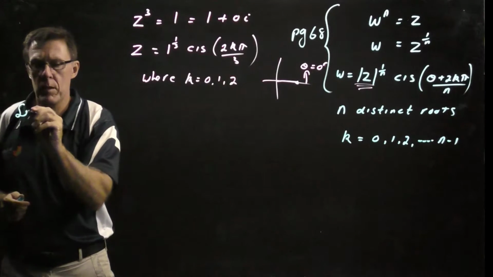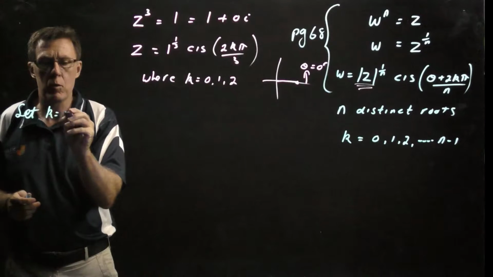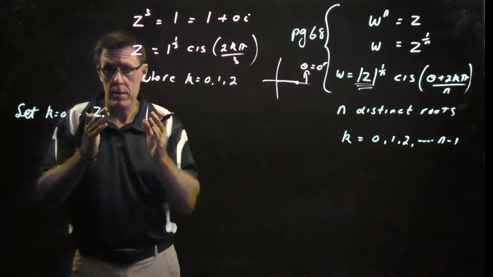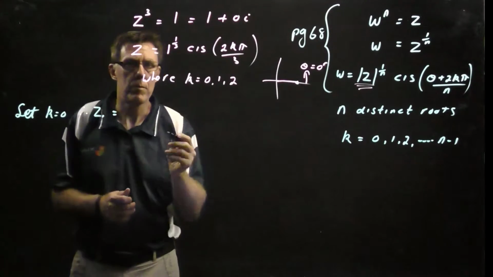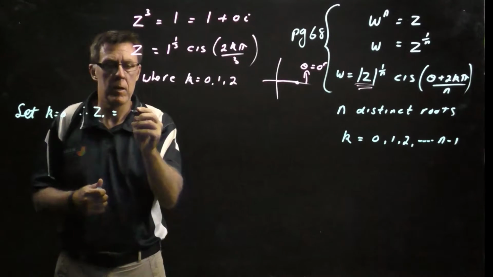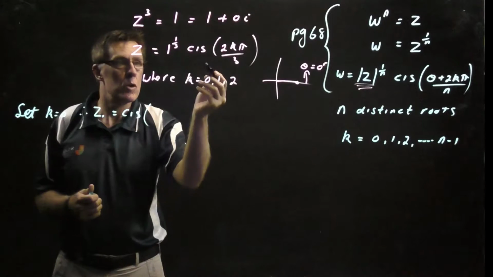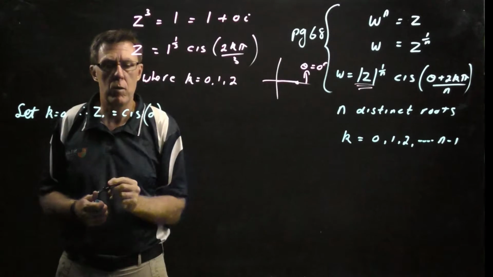So let k be equal to 0. Therefore z1, the first of our solutions, will be equal to the third root of 1, which is just 1, so we leave that out. It's cis with k equal to 0, so 2 times 0 times pi over 3 comes to 0.